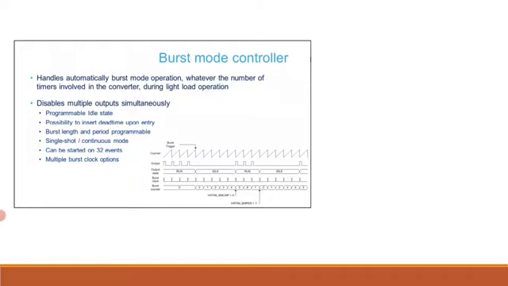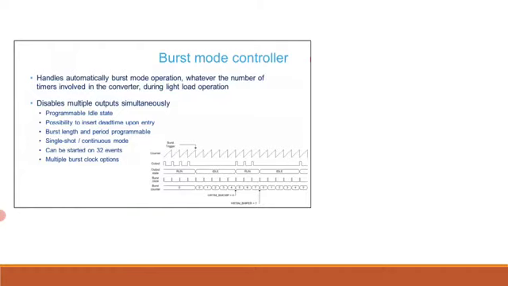The outputs are disabled simultaneously with a programmable idle state, and a dead time can be inserted upon burst mode entry to avoid any dead time violations. The burst length is programmable, as well as the repetition period when burst mode is enabled in continuous mode.